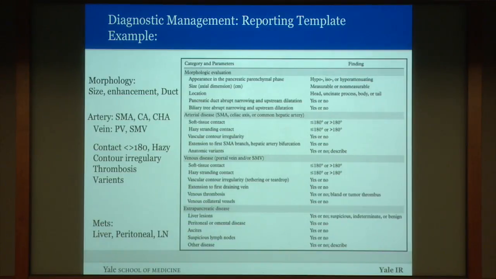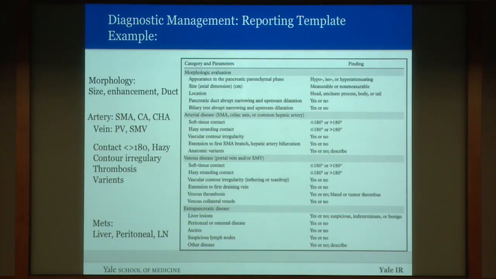It essentially breaks down evaluation of a possible pancreatic adenocarcinoma into morphology, evaluating the arteries and vessels, and extra-pancreatic disease, okay? And within the morphology, it tells you the size, the type of enhancement, and if there are any secondary findings, such as pancreatic ductal dilatation.